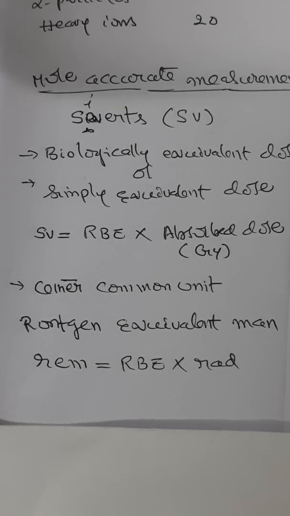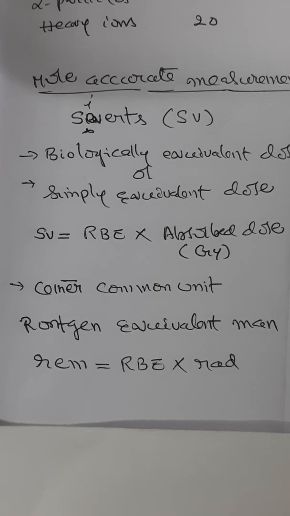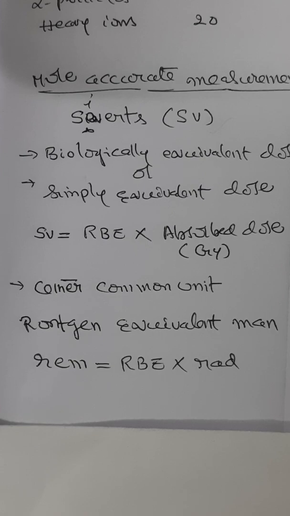Another common unit to measure this is Roentgen equivalent man, called REM. It is yet another common unit to measure the radioactive intensity.